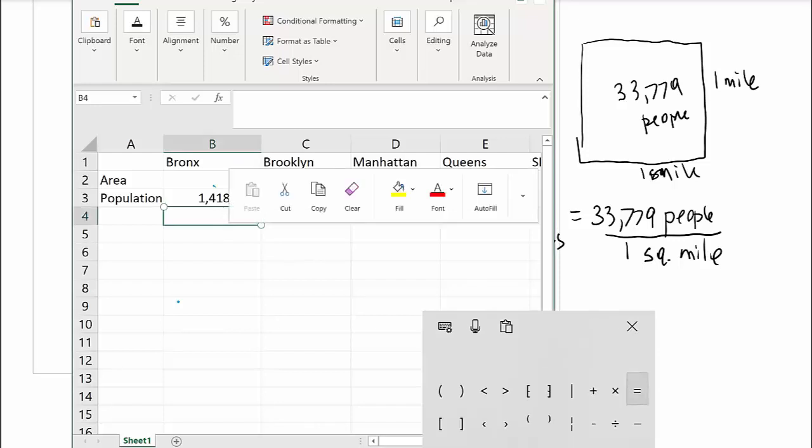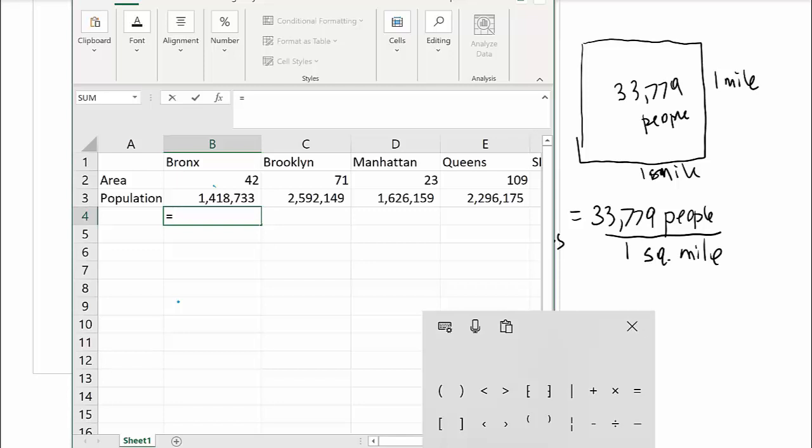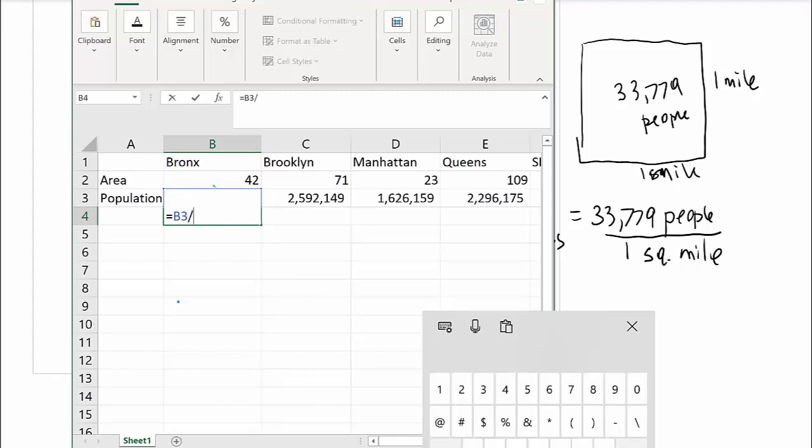So it's right here. So it's equal. And then we're going to take this population, and we're going to divide it by this population. I'm using a virtual keyboard, so let me use a ratio symbol. Here we go. And we're going to divide it by the B3.